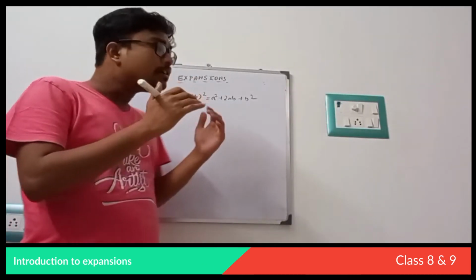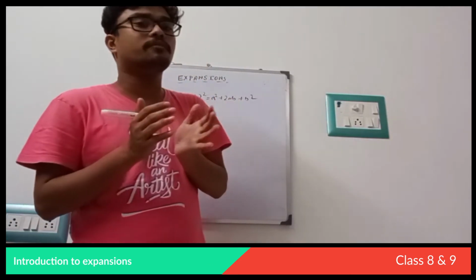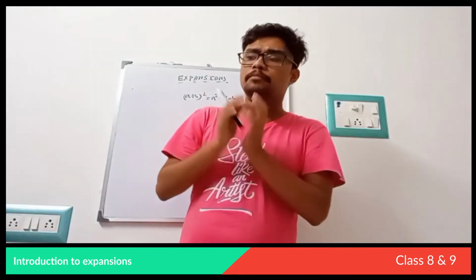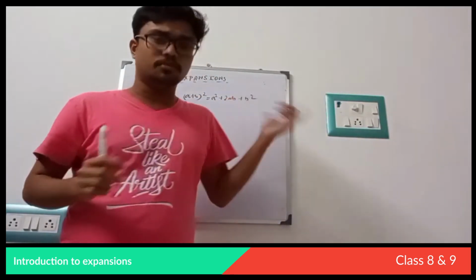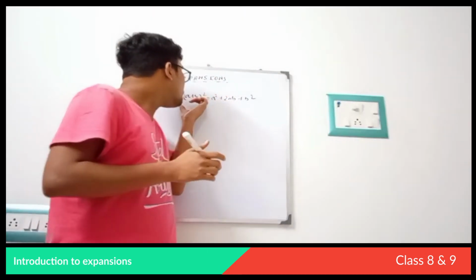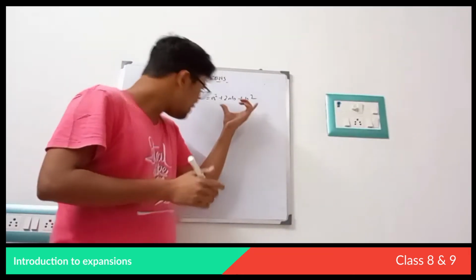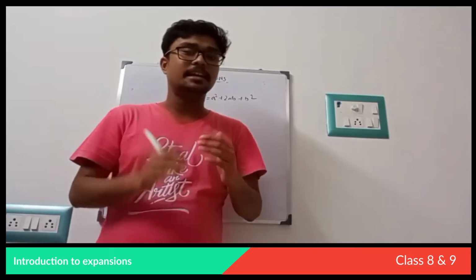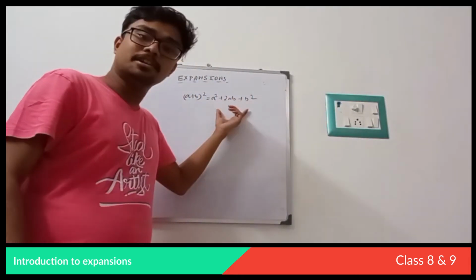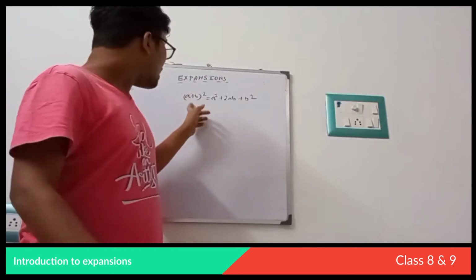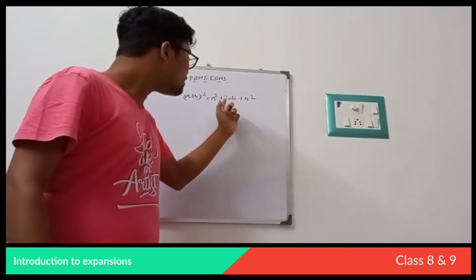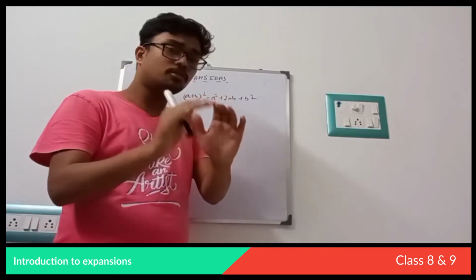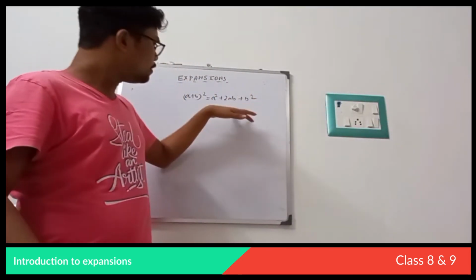If you are preparing for your exam, or when you give your exam, then remembering this formula is good, because deriving it can take time. So my suggestion is that you remember it, and also try to derive how a plus b whole square equals a square plus 2ab plus b square. So do both things, and then you remember this one.